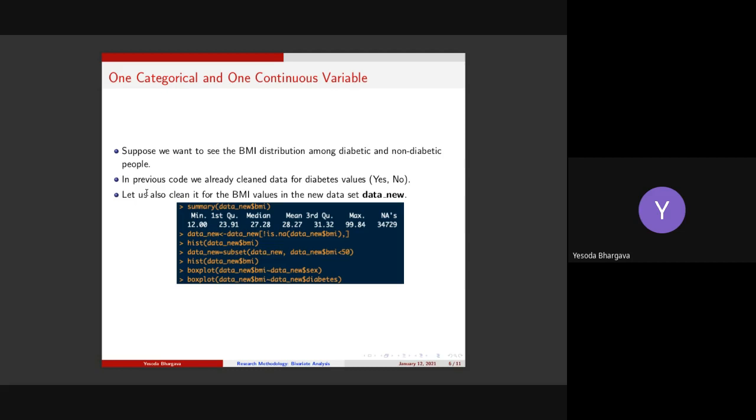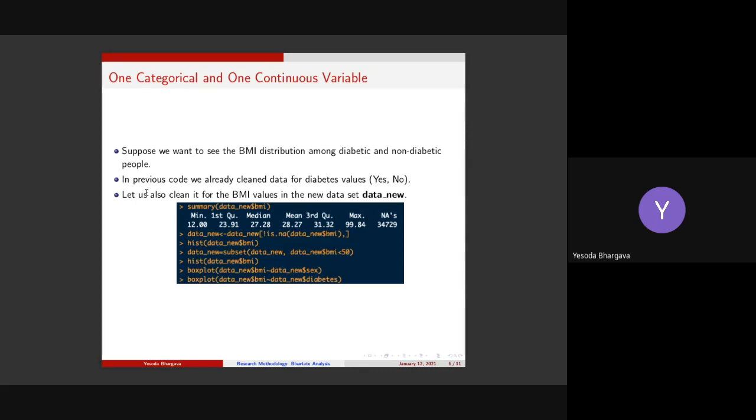Now coming to one categorical and one continuous variable. When one variable is continuous in nature and the other is categorical. For example, BMI is continuous in quantitative terms, and I want to understand how the BMI of males and females differs. Or if you are in sales and selling your product, you want to see how your sales differ between male and female, or how the marks in the class differ between male and female.